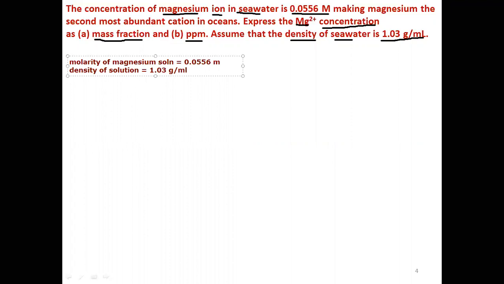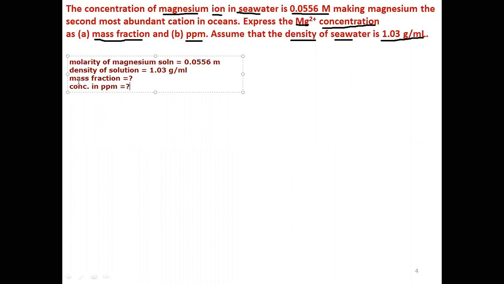Now what do we have to calculate? One is mass fraction. Second, we have to find the concentration in ppm. These two things we have to find from the data.